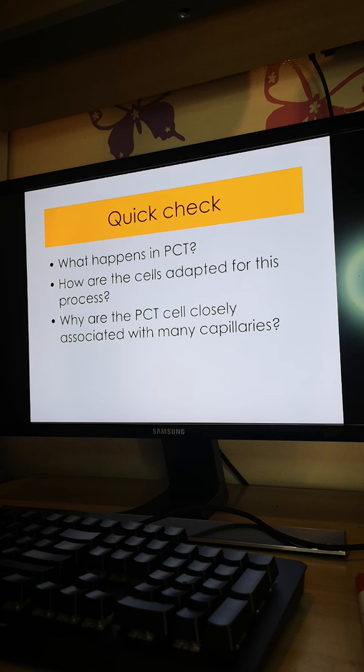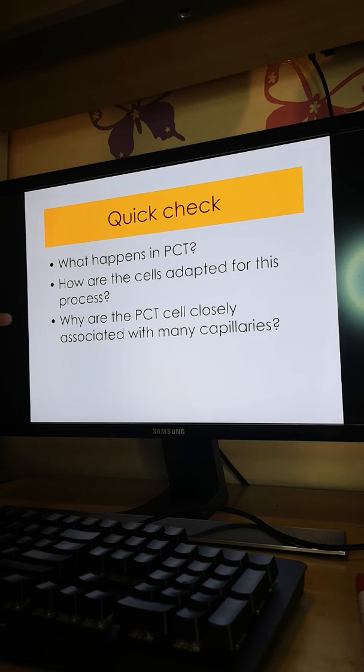Okay, so what happens? Lots of reabsorption. That's what happens in the proximal convoluted tubule. How are the cells adapted? Well, we've got many microvilli to increase the surface area of the cell surface membrane. We've got many mitochondria to provide ATP for active transport.